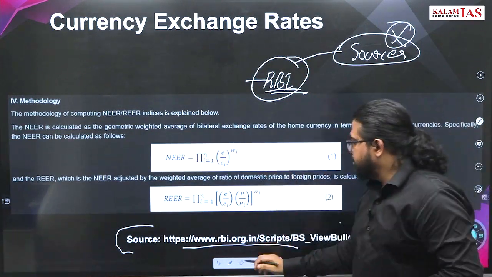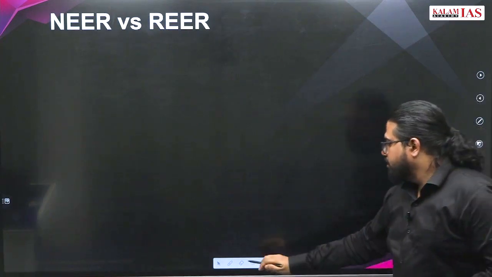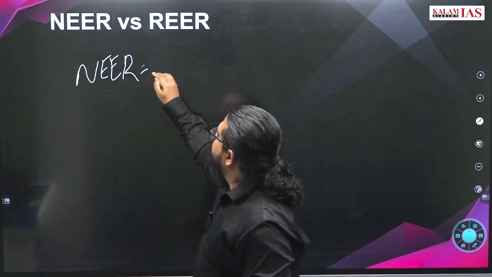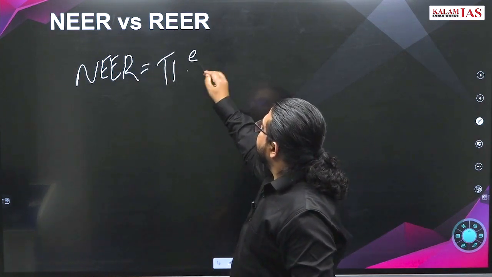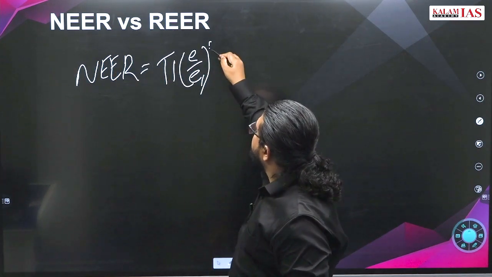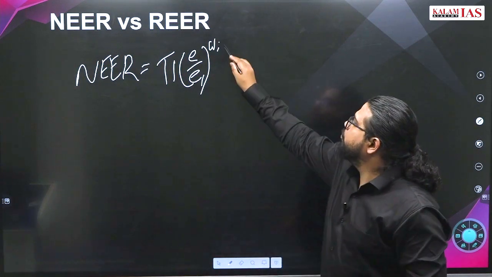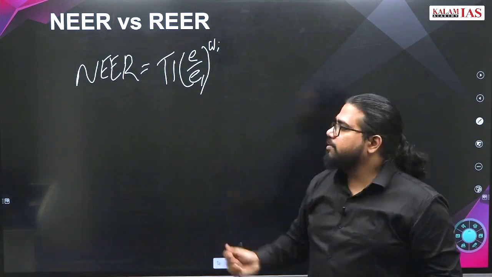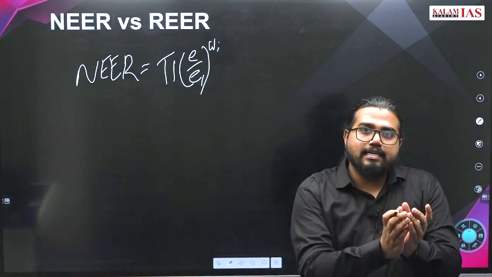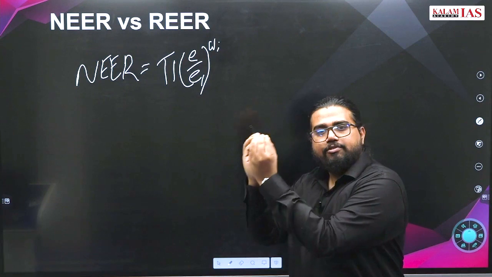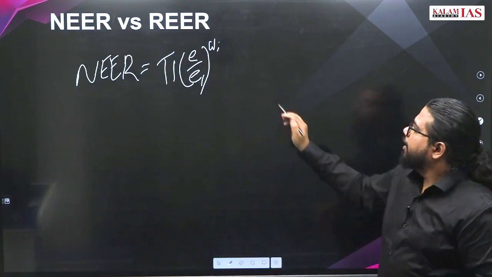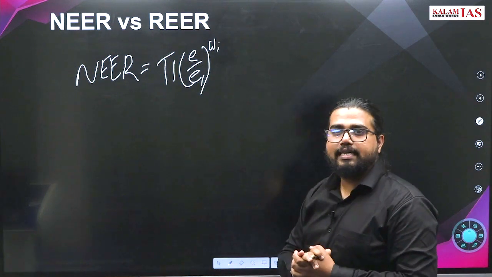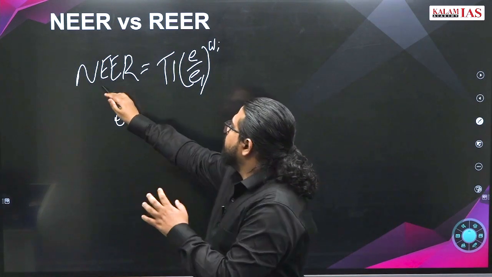Now let's understand the formula to have better clarity. What is NEER? NEER is nothing but the geometric mean of E by EI, all raised to WI. WI is the weight we were speaking about. If India is trading with the US dollar more, it will have a higher weightage. If India is trading with the yuan very little, it will give a lesser weightage to it. Now let's understand what is E and EI. These are all indices.